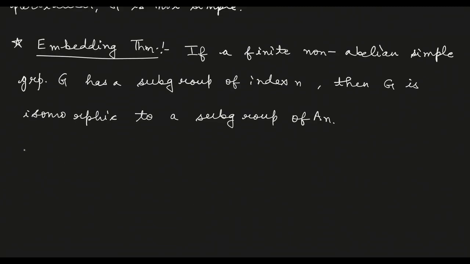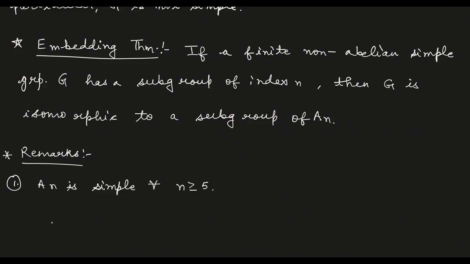Some remarks. First, the alternating group An is simple for all n greater than or equal to 5.